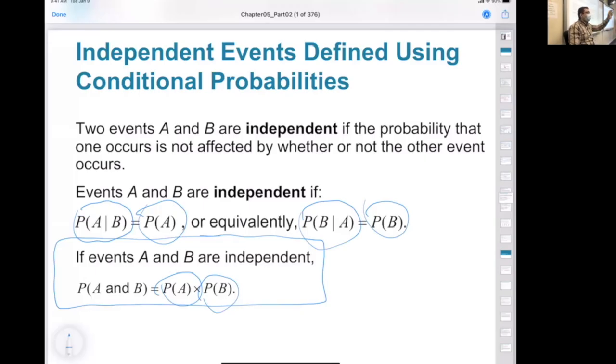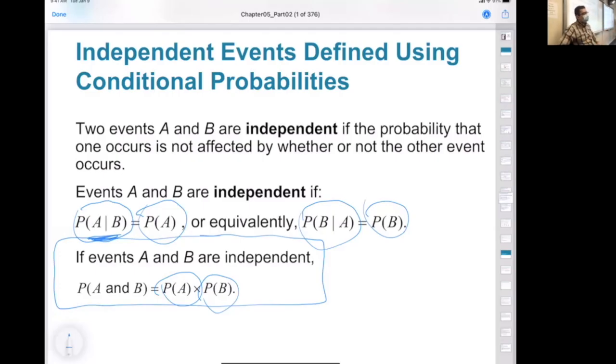That means, for example, that the occurrence of event B doesn't affect A. So whether B happened or not, it doesn't matter. The probability of A is still the same.